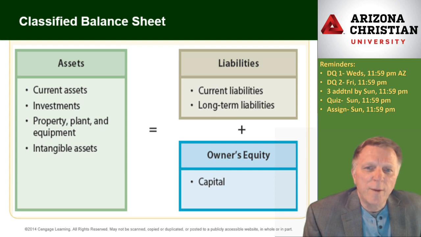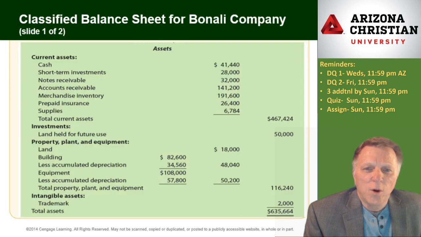From this diagram, you can see that the balance sheet is divided into subcategories of assets and liabilities and the owner's equity. And if you go a little bit further, the subcategories have subcategories shown here on the typical asset sheet.